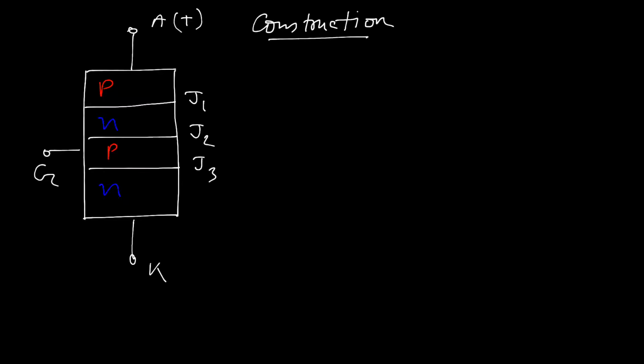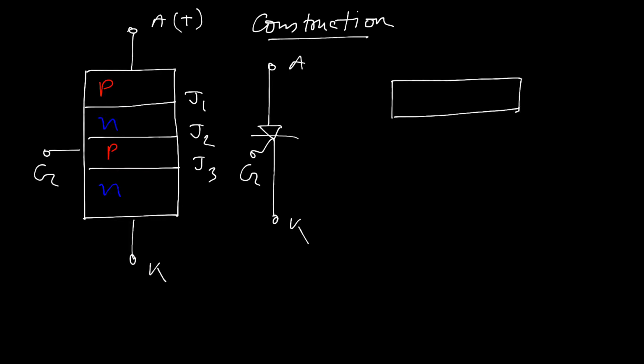And the symbol of this device can be represented by this way. This is anode, this is cathode and this is gate. To be more detailed, the structure can be drawn in this way.